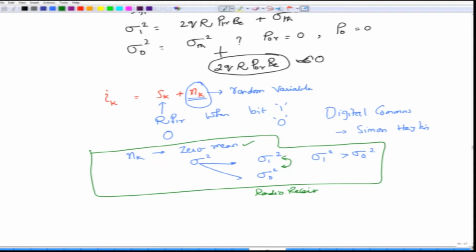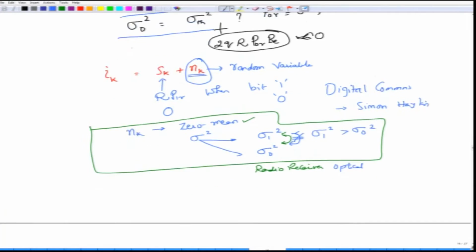However, for an optical receiver, these values are not equal, right. So, these values are not equal for an optical system. That is because the noise variance sigma 1 square is different from sigma 0 square. Sigma 0 square is the noise variance when you have transmitted bit 0, and that noise just includes a thermal noise, whereas sigma 1 includes both thermal as well as the shot noise component.